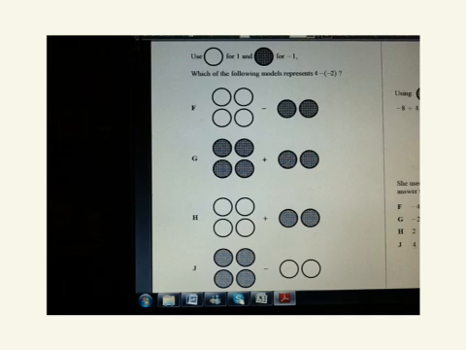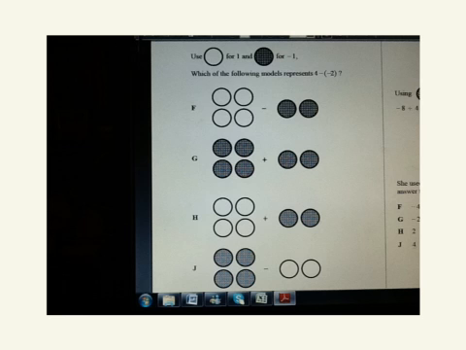Okay, so here's another example that they might give you when it comes to models, multiplication, or this is subtraction. So I'm going to go ahead here at the top and write in the problem.